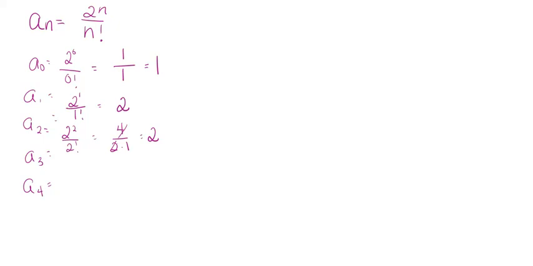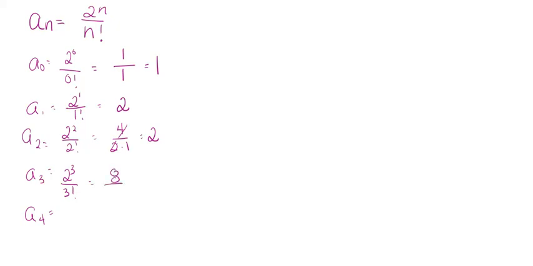The next one is a sub 3. Sorry, I changed my pen. 2 raised to the third power over 3 factorial, which is 8 over 3 times 2 times 1. Well, you have 8/6, which reduces to 4/3, or 1 1/3.